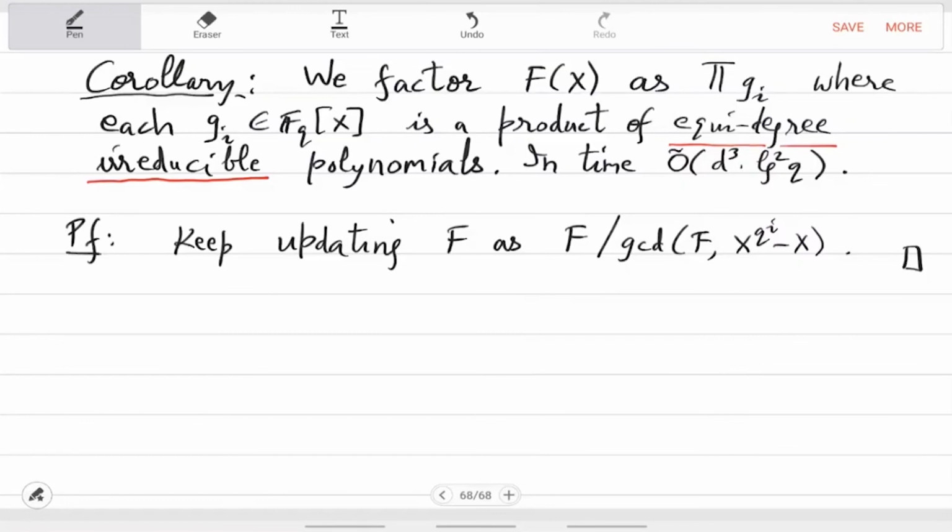So whatever GCD you compute, you remove it from big F. Yeah, so there is this multiplicity issue, and because of that, you continue with the same I. In this case, you should go up to D.